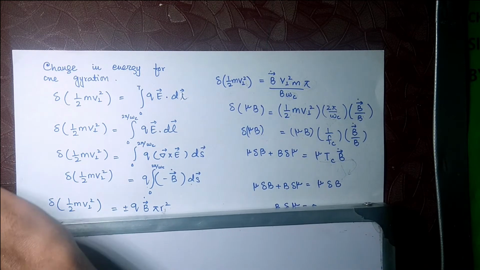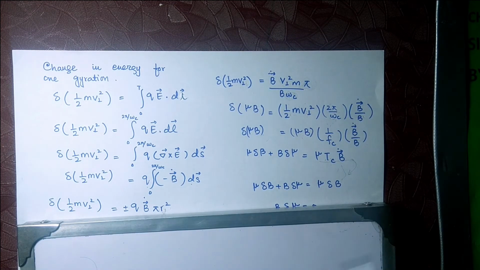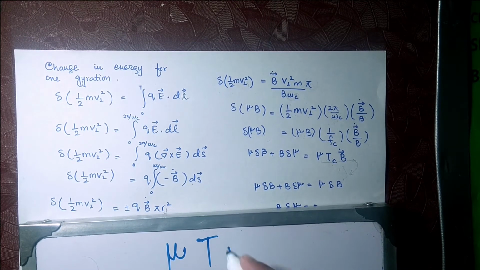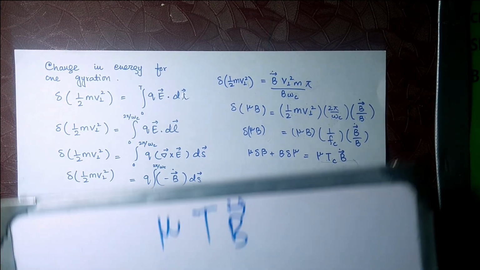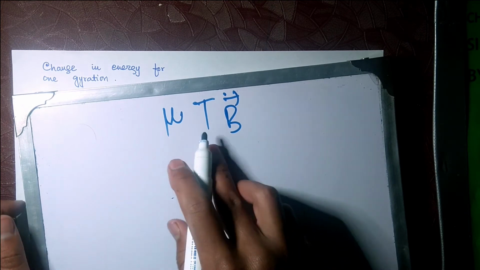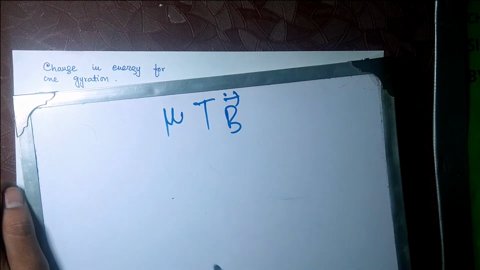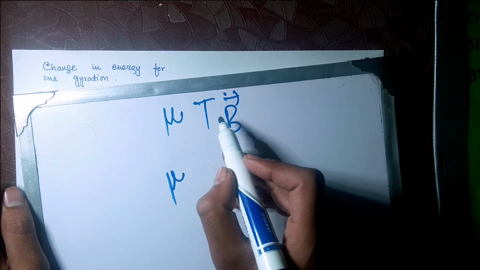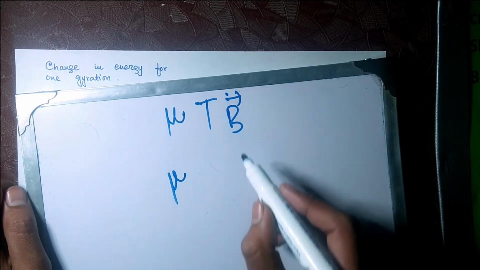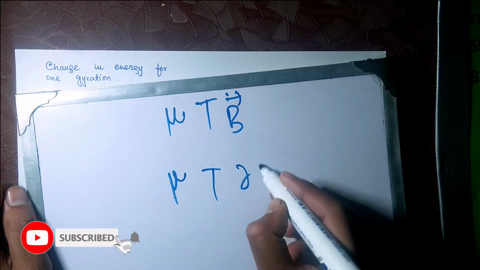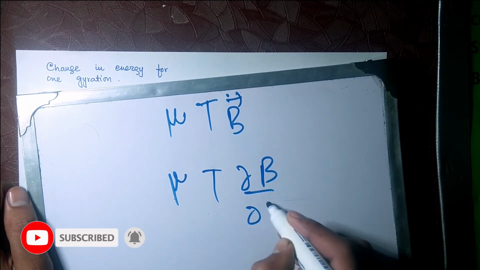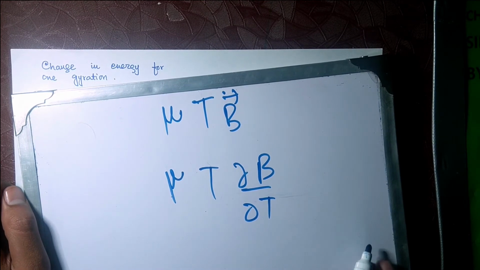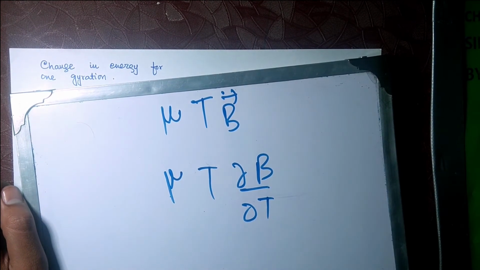So our equation was mu of t, B dot. Okay, mu of t, T c or T, both are the same. So this is mu, and let's say T partial B by partial t. Okay, partial B by partial t we can write.